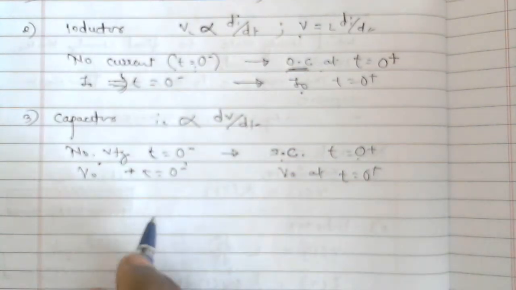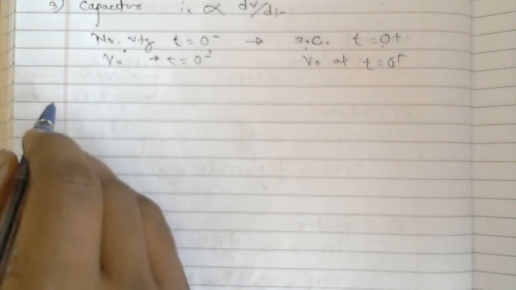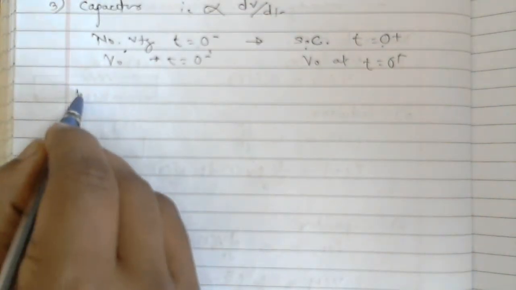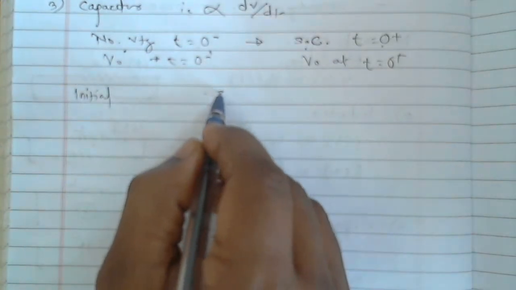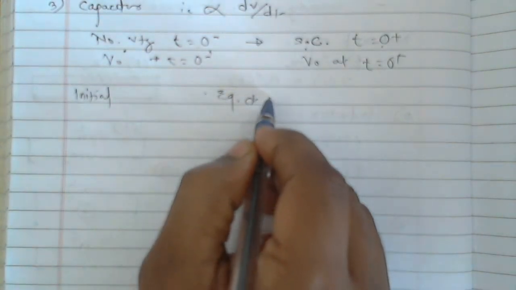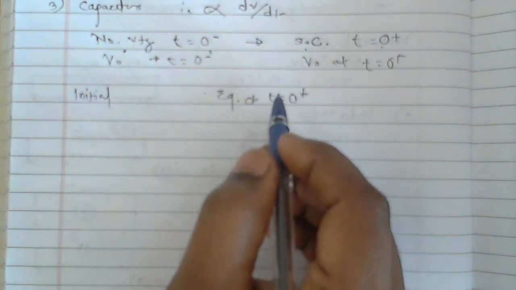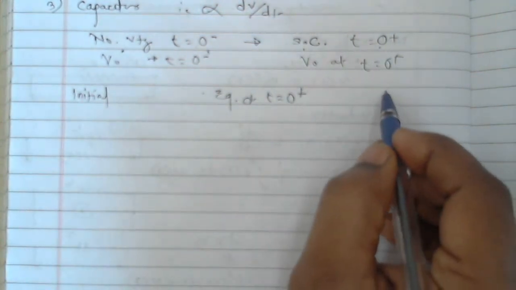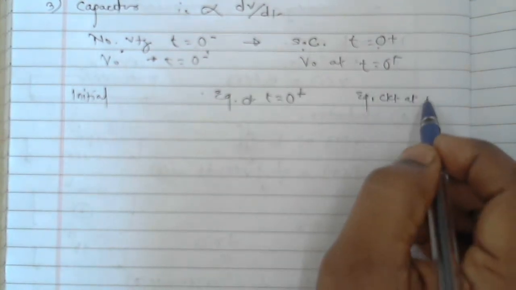Now let me summarize these conditions in a table. First is the initial condition, then we will see the equivalent circuit at t equal to 0 plus, and the third condition is the equivalent circuit at t equal to infinity.